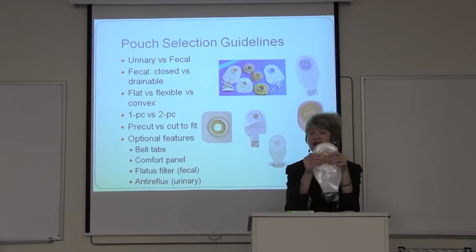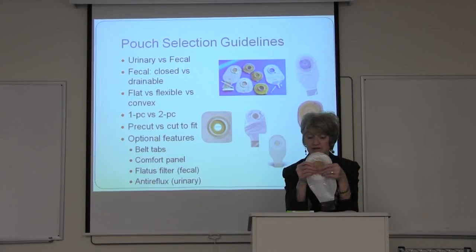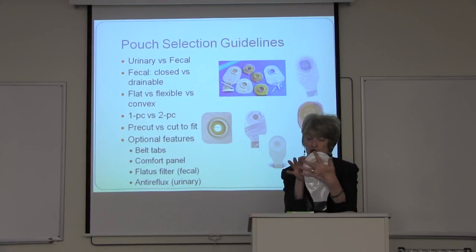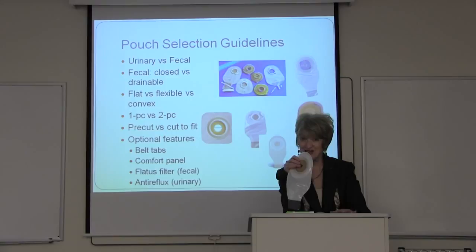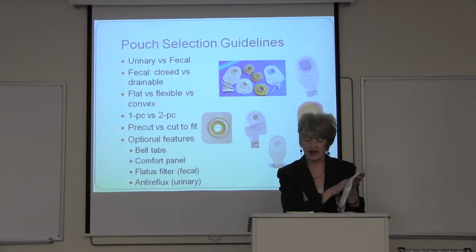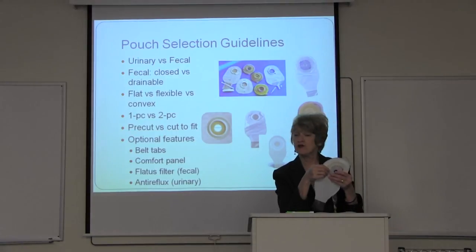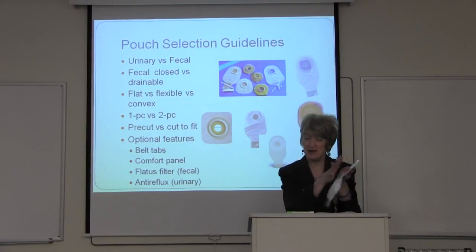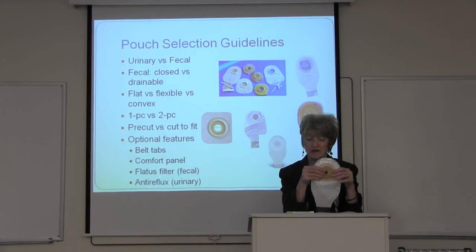Now there are advantages to the one-piece system. First of all, they're very, very low profile. So some of your patients who like to wear very tight jeans might prefer one-piece pouches because there will be no ridge from an attachment flange, very, very flat. Also, they're simpler for patients who have limited dexterity and have a hard time putting pieces together. The one piece, they don't have to do that.